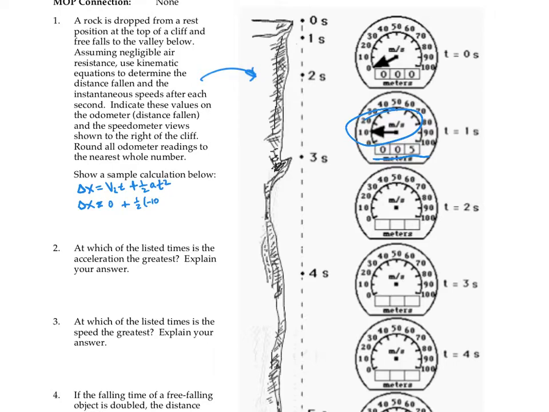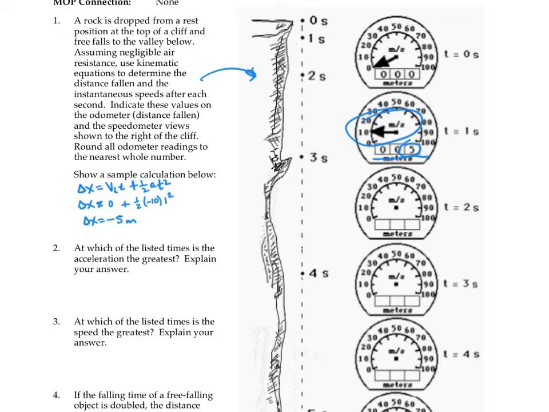We'll go ahead and just use the rounded negative 10 it seems like they're using for my acceleration. And the time is 1 second. So if I multiply that out, 1/2 times negative 10 times 1 squared, I get negative 5 meters.